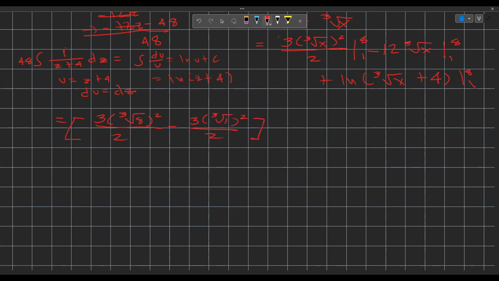For the second term, we have 12 times the cube root of 8 minus the cube root of 1.